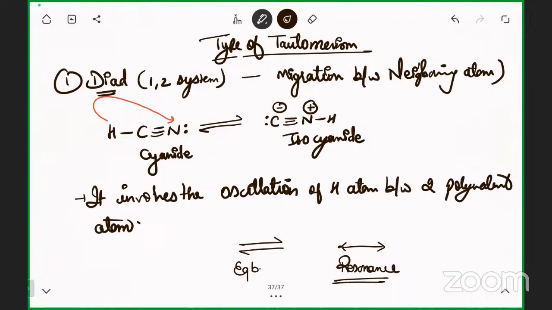Remember, in resonance there was no migration of atoms, but in tautomerism there is a migration of atoms. And there was no equilibrium established between those two structures, but now in tautomerism there is an equilibrium. Got my point? Yes, sir. So now you can see the difference between resonance and tautomerism.